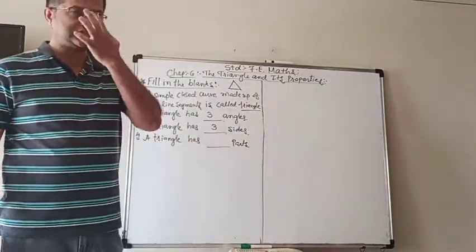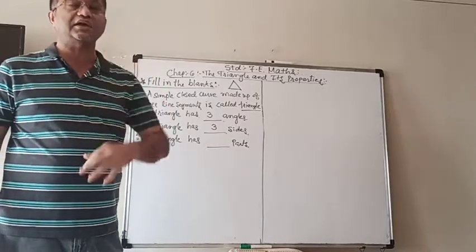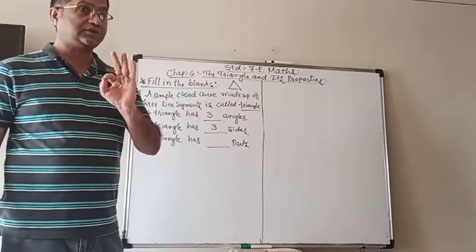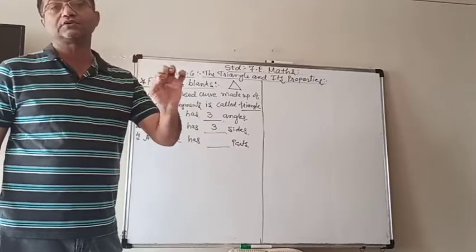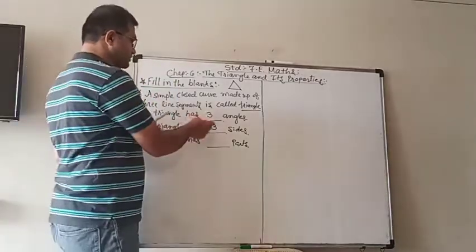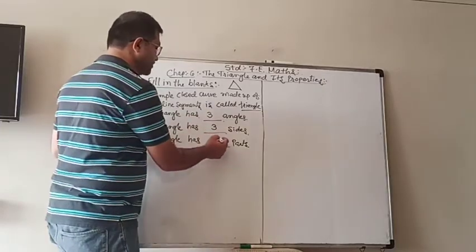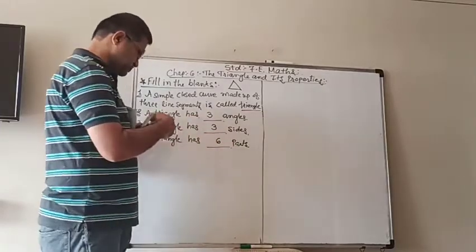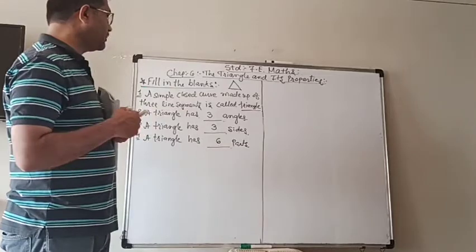Which are the 6 parts? 3 sides and 3 angles. Vertices are not counted as its parts or components. So 3 plus 3 gives you the answer 6. There are 6 total parts of a triangle.